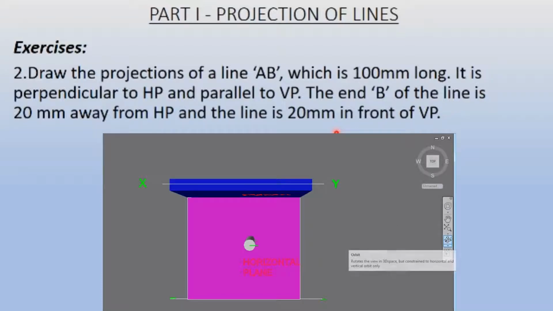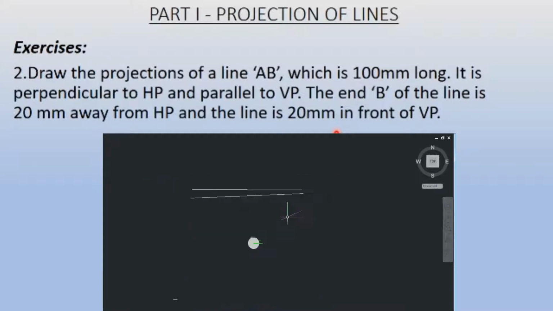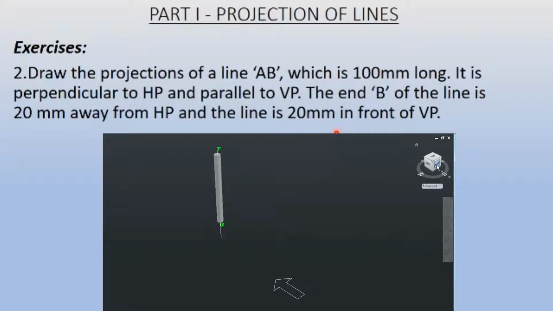And the most important thing to observe here is that when you view the line from the top, when it is standing, you will not be able to visualize the whole line, and this will appear just as a dot. As we can see here, this is a line actually, but it's not visible. It is appearing as a dot only because it is directly perpendicular to the horizontal plane.